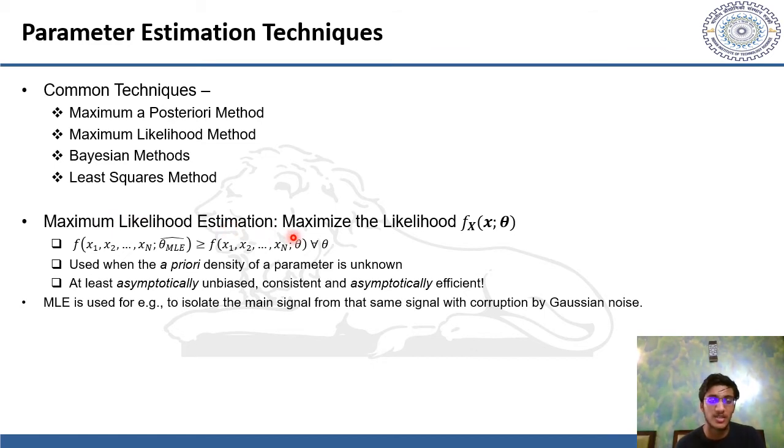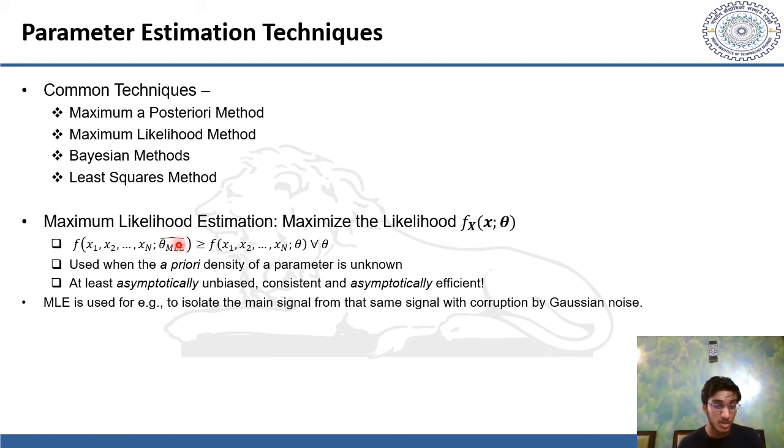This revolves around the maximization of the likelihood, which is nothing but the joint PDF f_X(x) parameterized by theta, and this generates an estimator theta cap MLE such that this joint PDF is greater than or equal to the joint PDF when we use any other estimator apart from the one generated by the MLE.